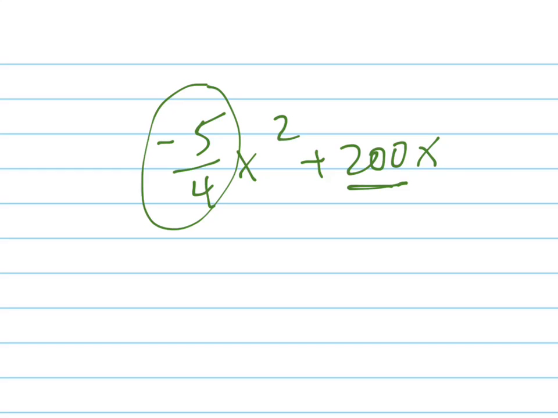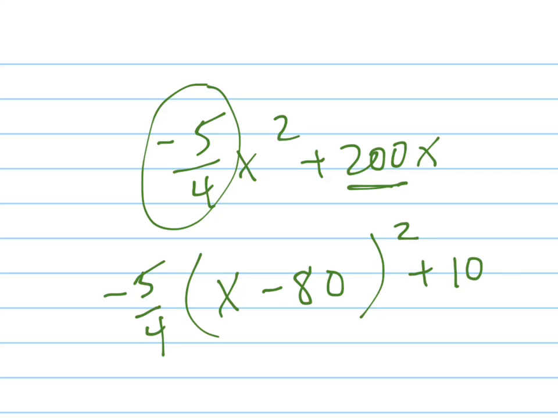That would be a mess right here, but that is another way you could do it. And then you would have negative 5/4 times x minus 80 squared plus 8,000.